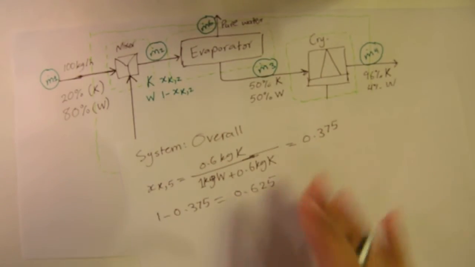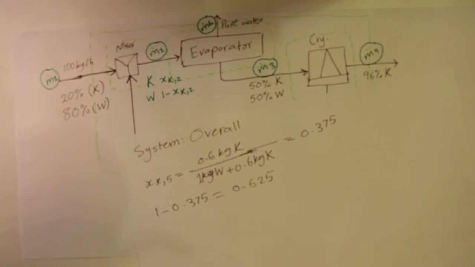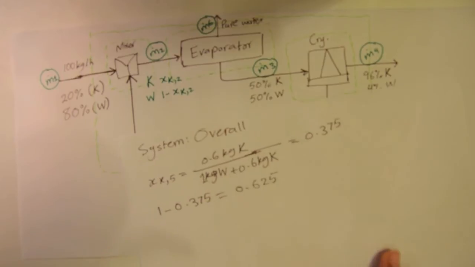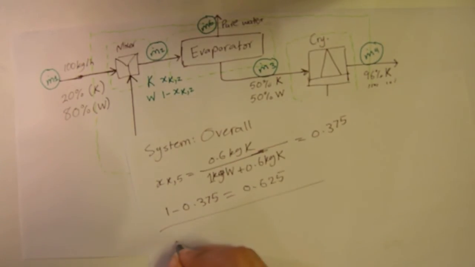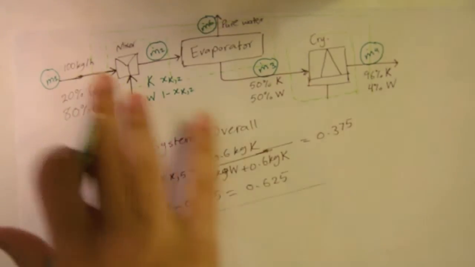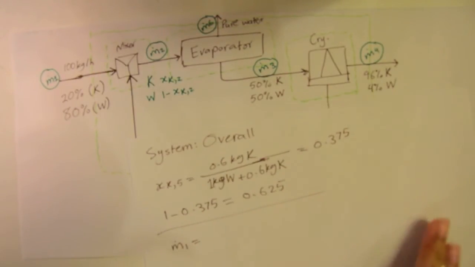After finding these numbers, I'll do the material balance for the overall system. It's like writing the mass flow rates entering the process and going outside from the process.